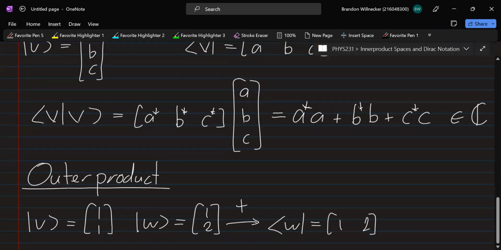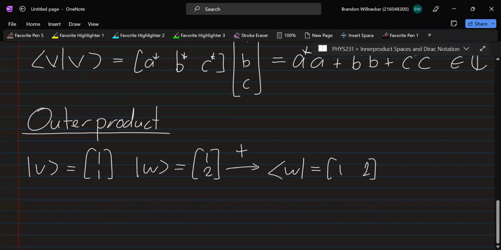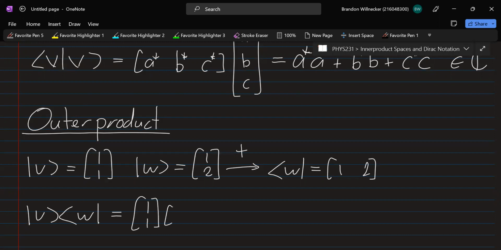Now, before, when we did the inner product, it was a bra with a ket. If we want to do this new thing called an outer product, it's going to be a ket and then a bra. So it will be V and then W. V is going to be 1, 1, and W will be 1, 2.